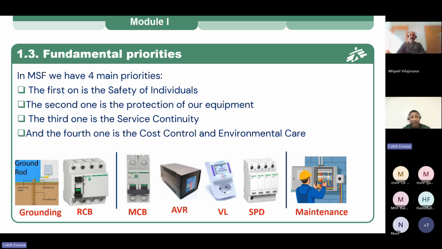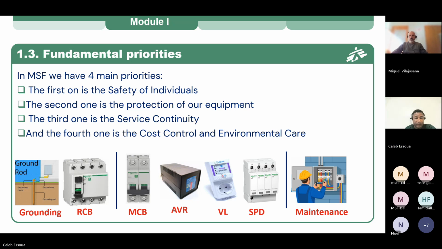And as MSF, we are improving in terms of, for example, reducing the carbon footprint. We are now installing the solar system to reduce it. So these are the things that we are doing to keep our environment safe. Okay, any question for this?